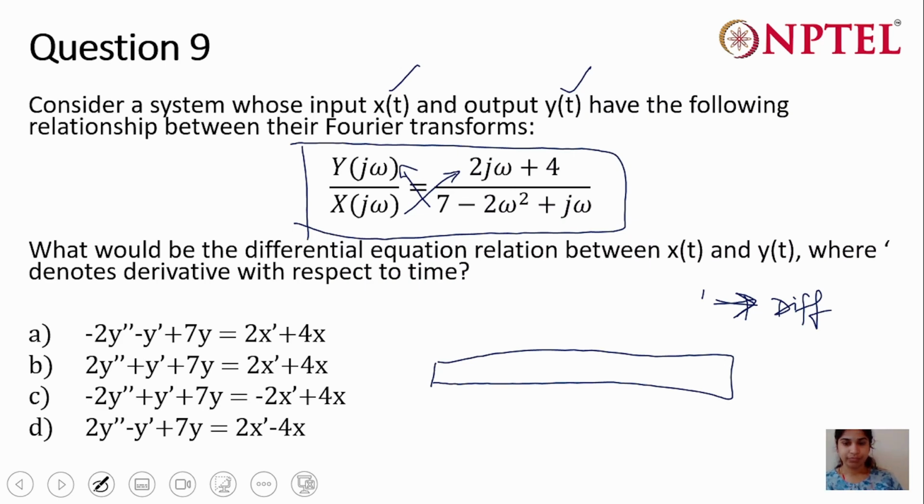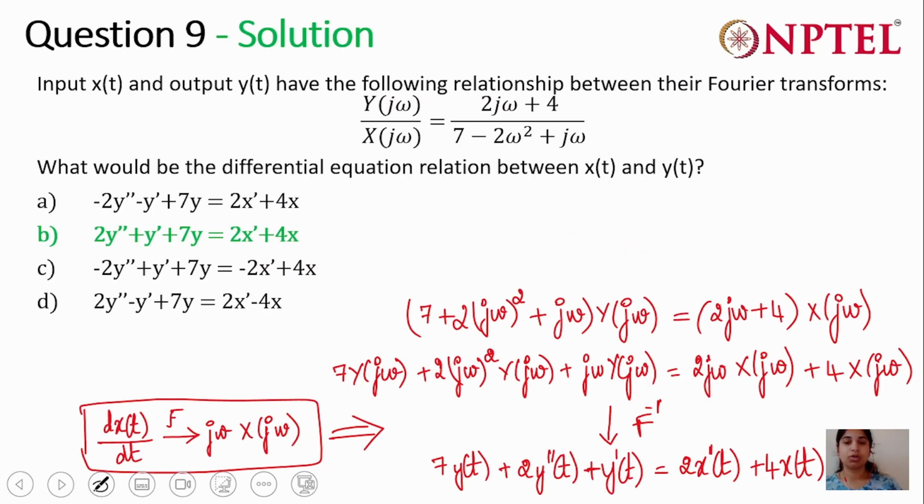Okay, so let us see how to solve this. I'm bringing this to the left hand side and this to the right hand side. So I have 7 plus, minus 2 omega square, which I'm writing as plus 2 j omega the whole square, plus j omega, into Y of j omega equals 2j omega plus 4 into X of j omega.